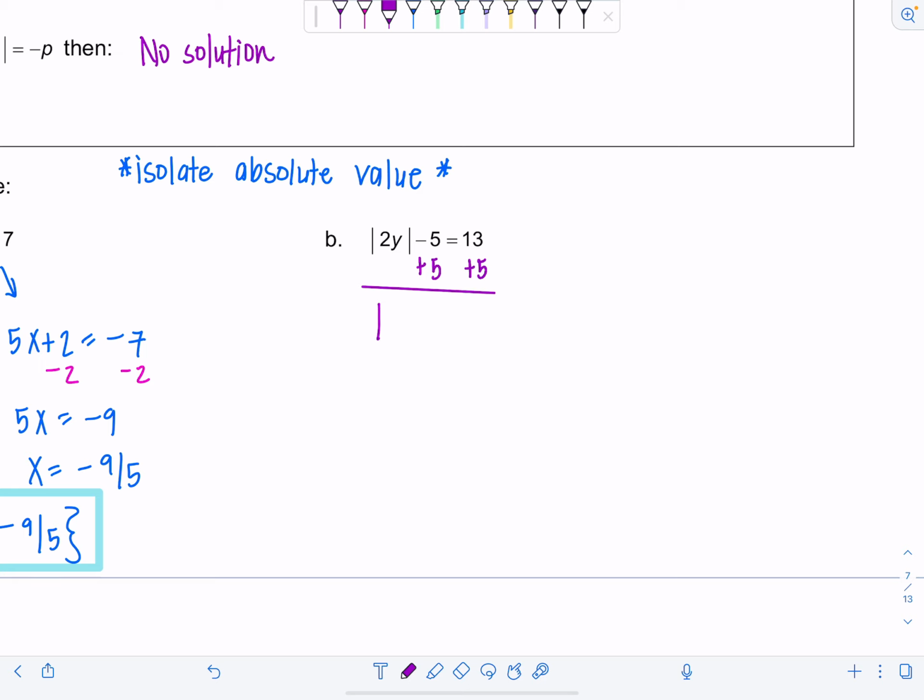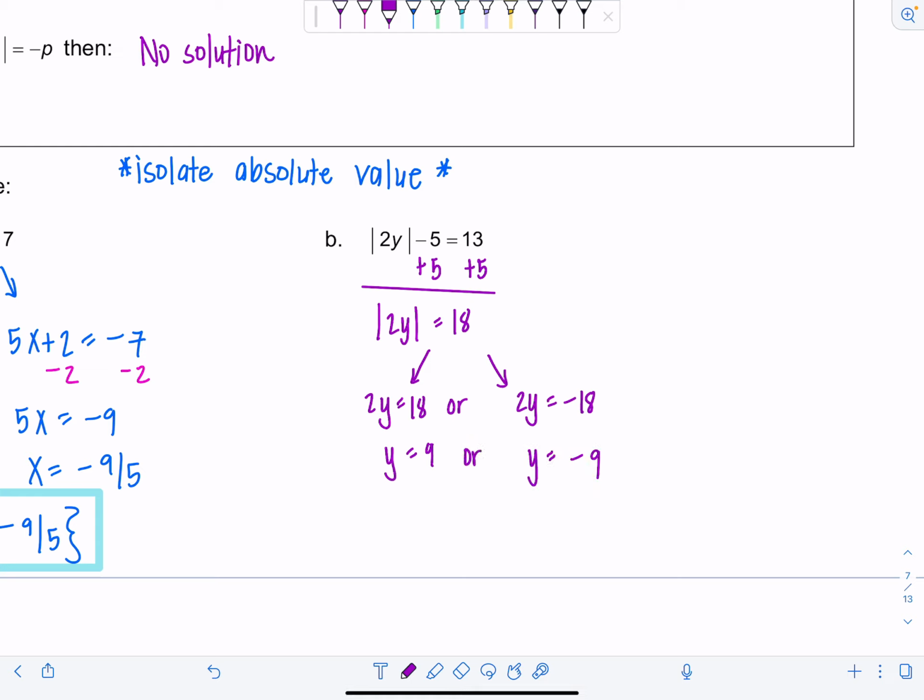So we've got the absolute value of 2y equals 18. Now we can go ahead and drop the absolute value bars. So we've got 2y is equal to 18 or 2y equals negative 18. And then last step, divide by 2, so we get y is equal to 9 or y is equal to negative 9.